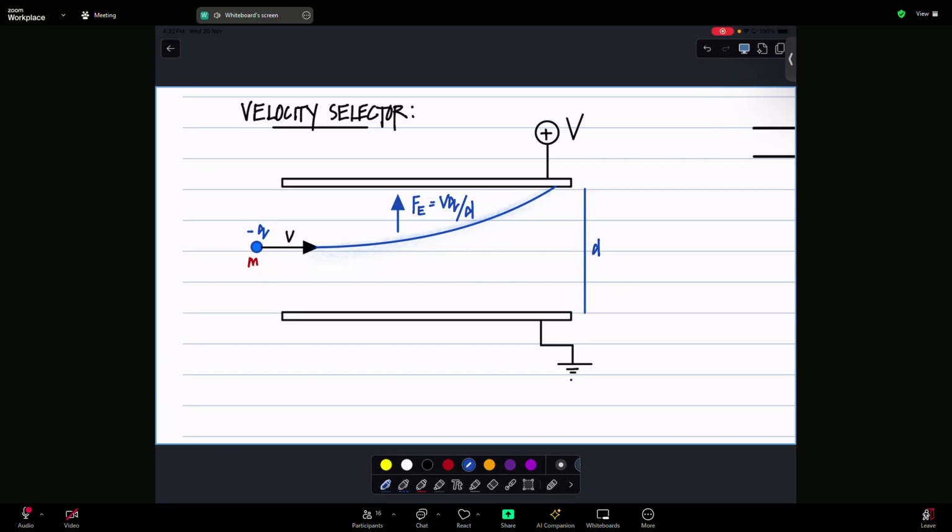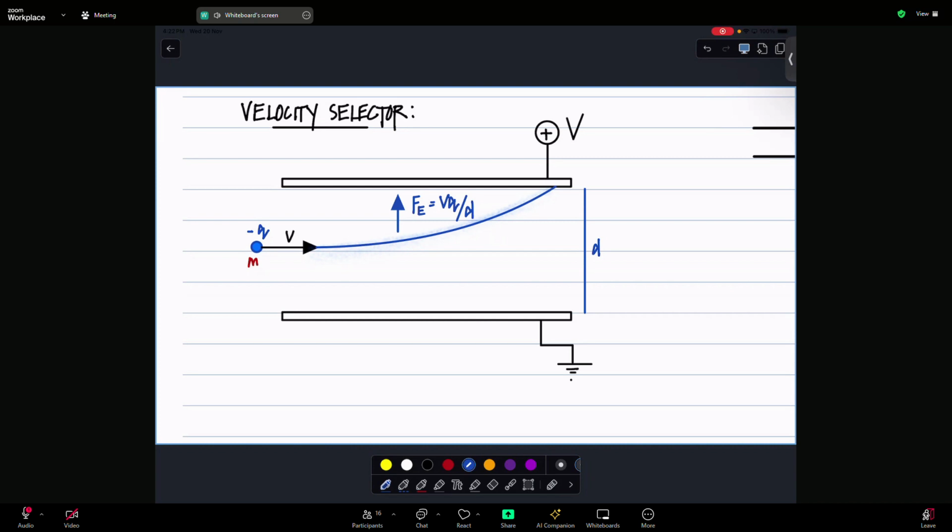I want to place a magnetic field in this region so that the electron bends downwards to oppose that. Can you tell me what magnetic field should I produce between these two plates so that my electron moves downwards? Should it be into the page or should it be out of the page?